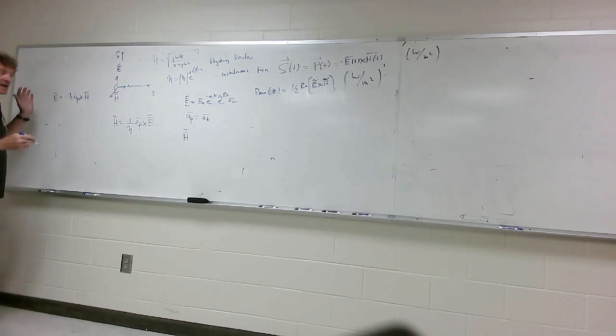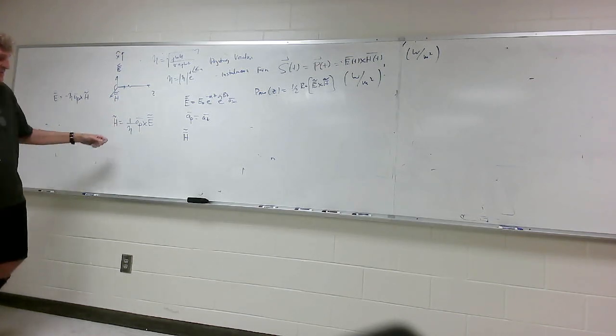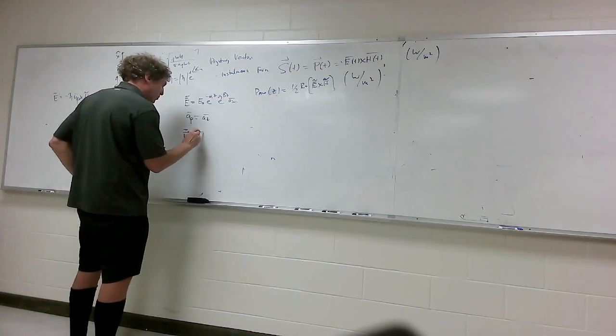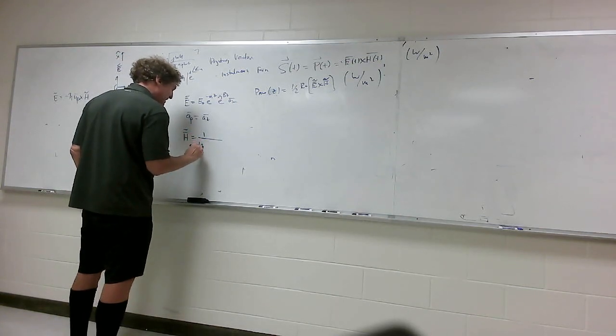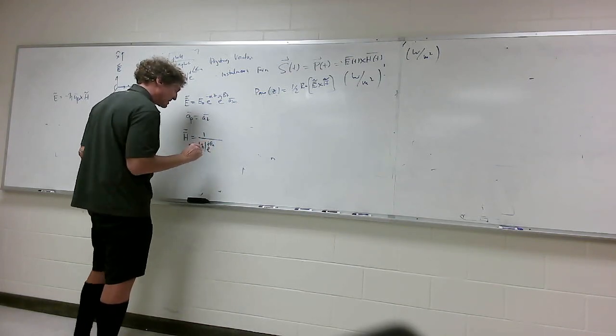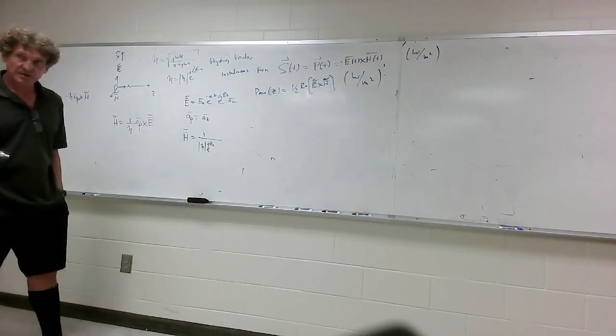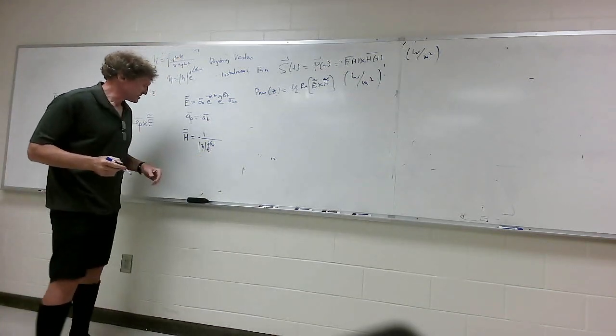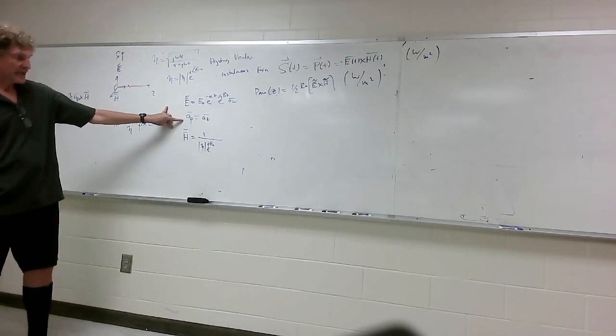So if you have H, you can get E if it's a propagating wave. Remember that eta there has a magnitude and angle. That's the key. So when I get H from this equation, I'm going to say H is equal to 1 over the magnitude of eta, e to the j, and I'll just call this theta eta, which is the angle associated with the impedance, unit vector in the direction of propagation. We're assuming it's AZ, right?